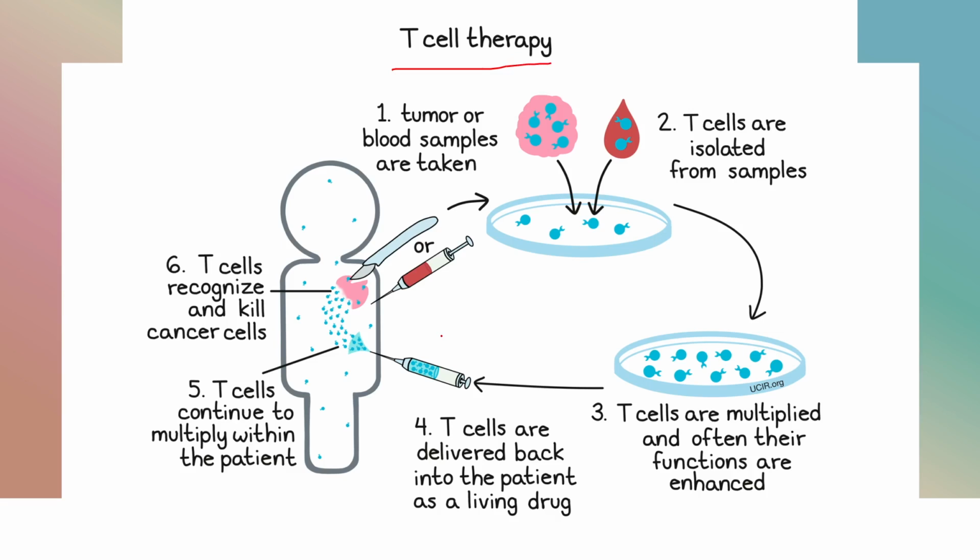Fine. So basically, to summarize the whole T cell therapy, we are extracting T cells from the patient only, and using lab methods or different types of enhancing methods, we are increasing the efficiency of the T cells, and then we inject the T cells again into the patient.